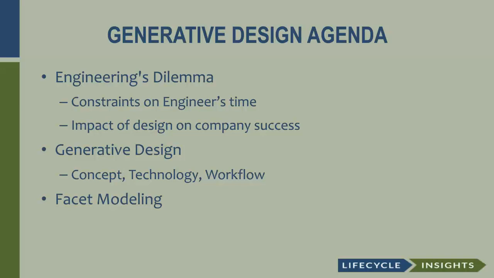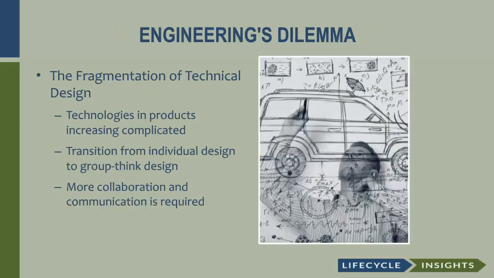So if you look at the landscape of design today, some things have been changing more recently. I think almost every product that's available now has an increasing amount of electronics in it, right? It also has an increasing amount of software in it.